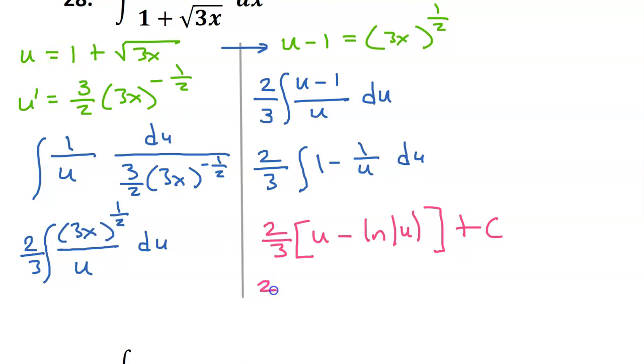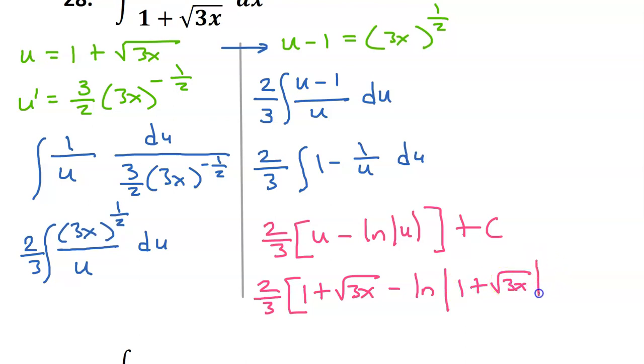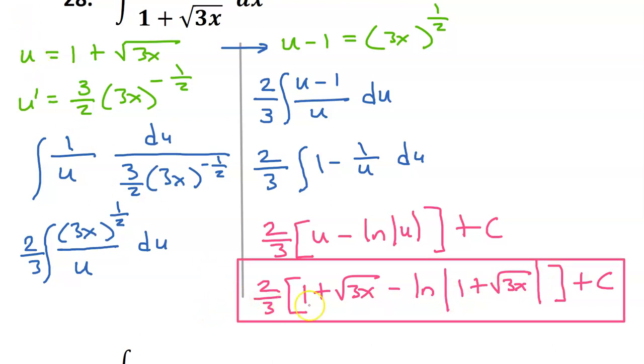So we have 2/3 and then 1 plus the square root of 3x minus the natural log of 1 plus radical 3x plus c. So this is pretty ugly, but that is the answer.